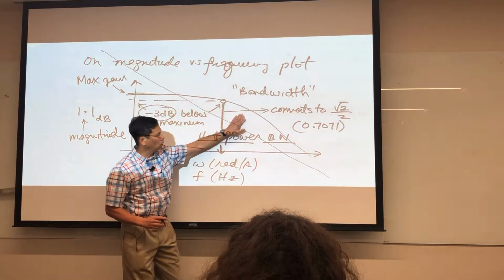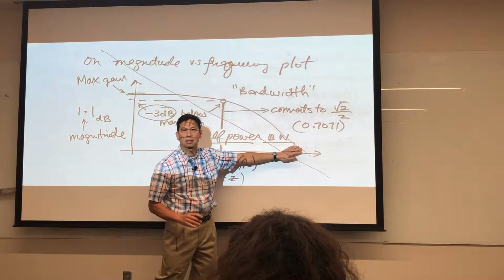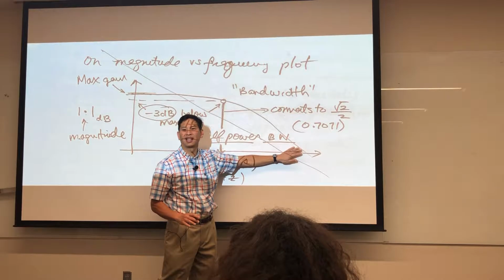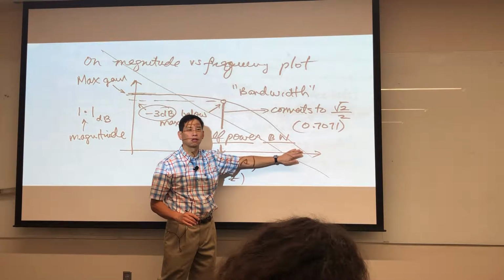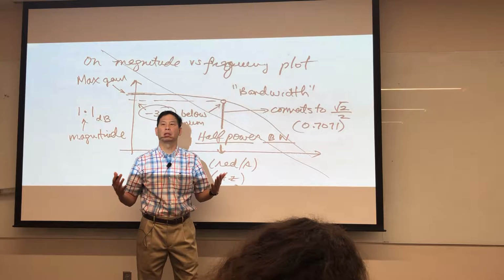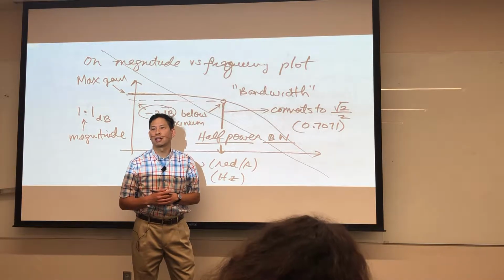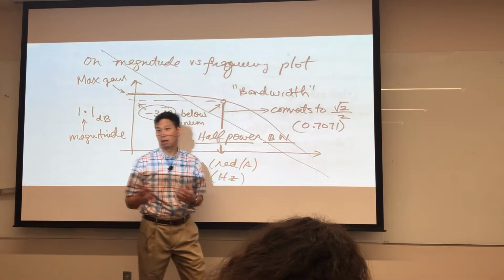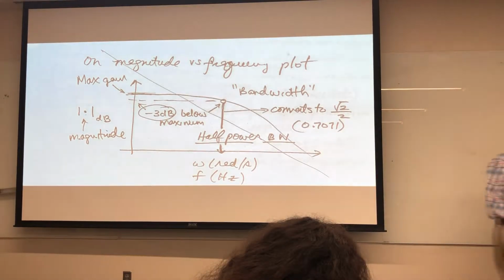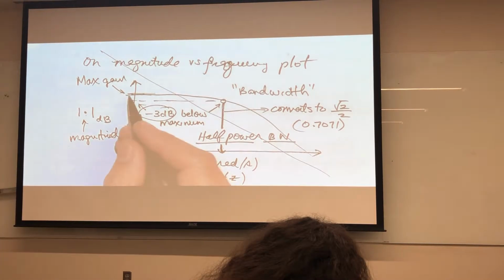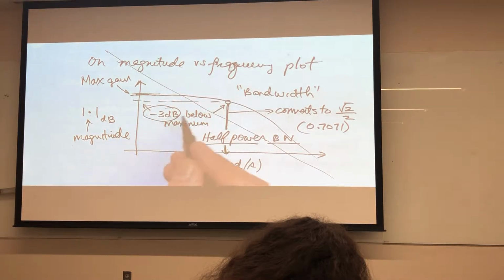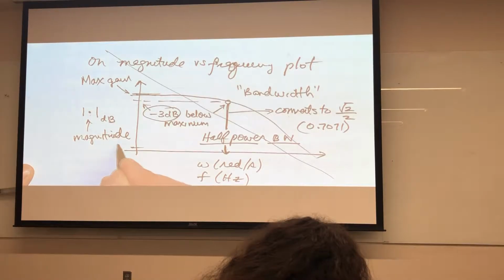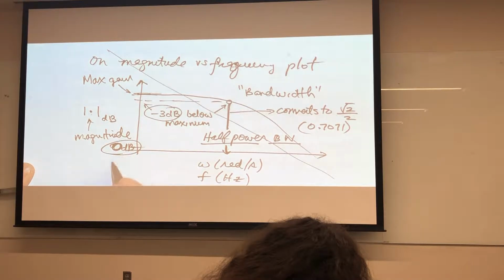What I could do is look and see where the graph gets small, where the gain is small. So what's the definition of small? We've got to choose a number. What's our favorite engineering number? A gain less than 1. So the other thing we could do is take a look not at 3 dB below the maximum, but see where we cross 0 dB. 0 dB means unit gain, unity gain.